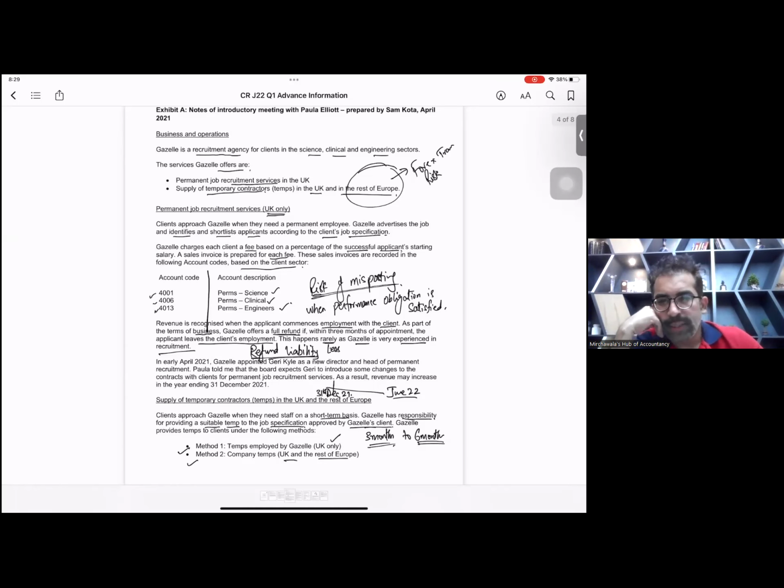One more thing we need to check is the cutoff issue. Now listen, when we receive the timesheet from the client saying this employee worked this many hours, then we pay our employees and we record our expense. Okay. So what if there is a risk? There is a possibility that employees worked in the month of December, but unfortunately, or for any reason, we received the timesheets in January for last month.